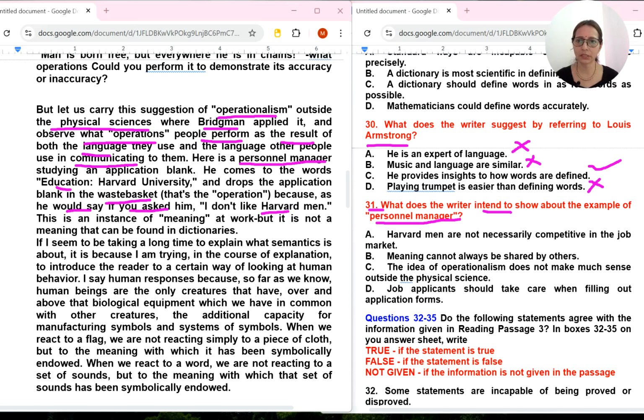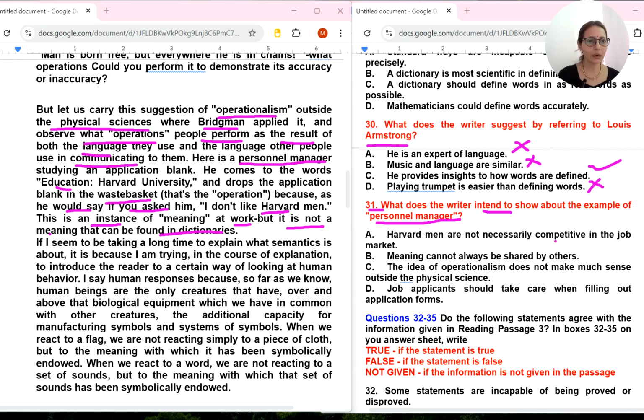This is an instance of meaning at work, but it is not a meaning that can be found in dictionaries. So he is not liking Harvard people. It means the actual thing can't be found in books, so he is looking for some other thing.